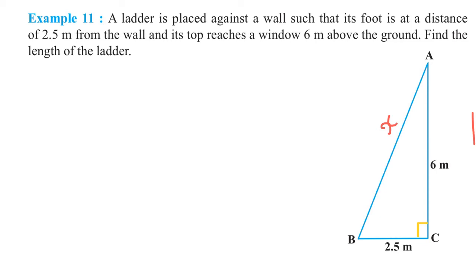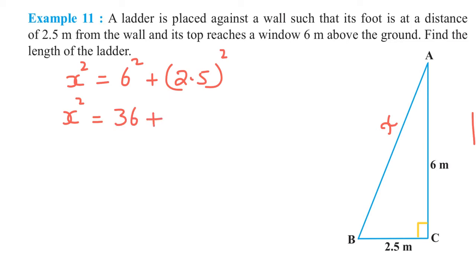According to the Pythagoras theorem, x squared is equal to 6 squared plus 2.5 squared, which is 36 plus 6.25.